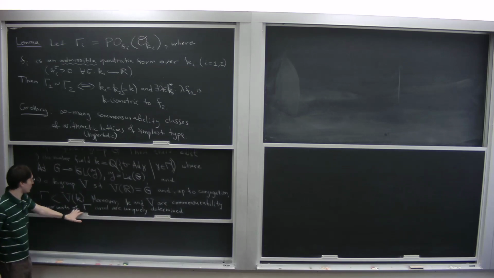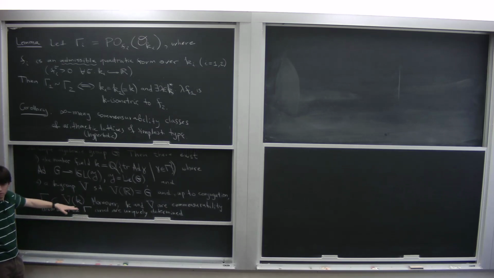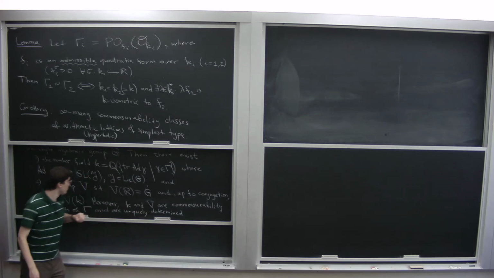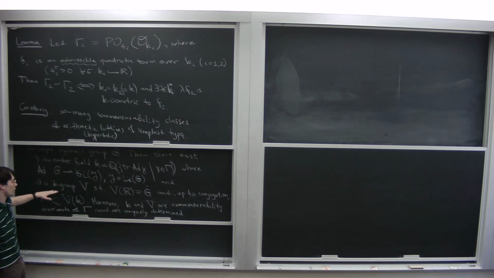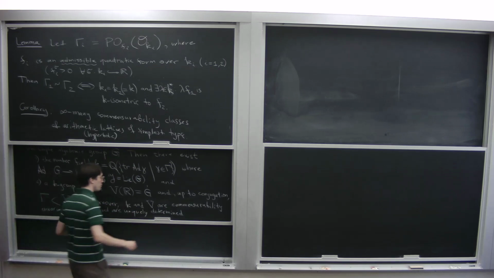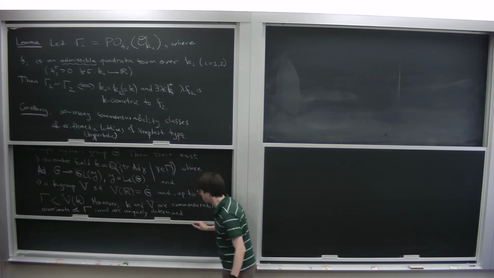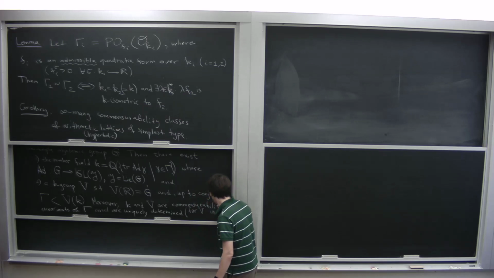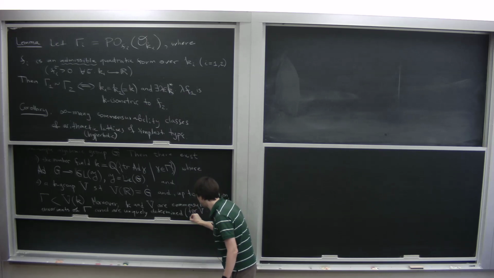I will write it here. Generally, they are uniquely determined up to isogeny of V, but I can say that they are uniquely determined for V in its adjoint class.